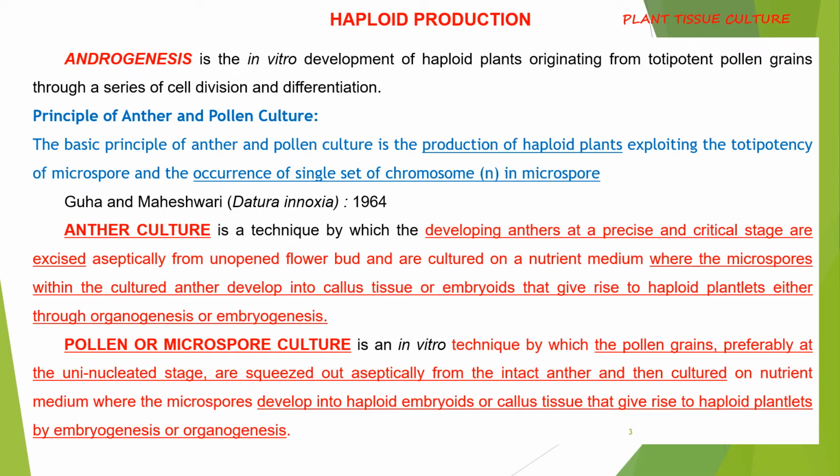In case of pollen culture, uninucleate pollen grains are inoculated on nutrient media to develop into haploid plants by direct or indirect method by organogenesis or embryogenesis.